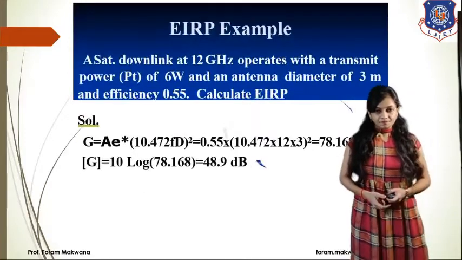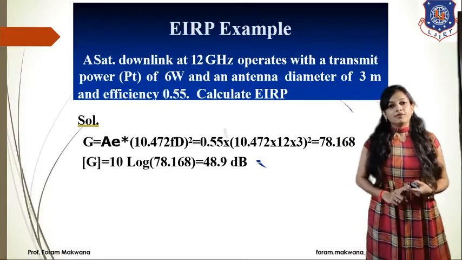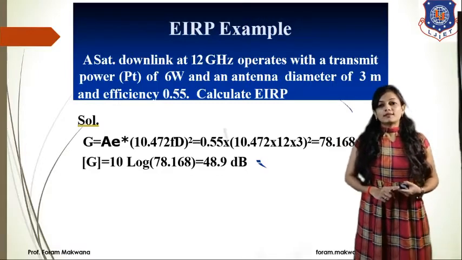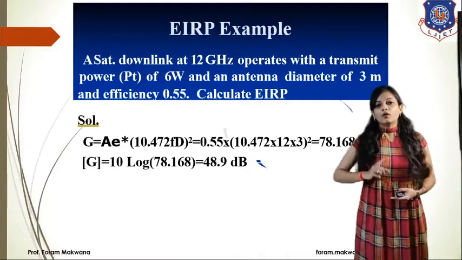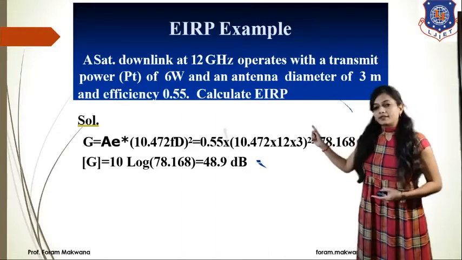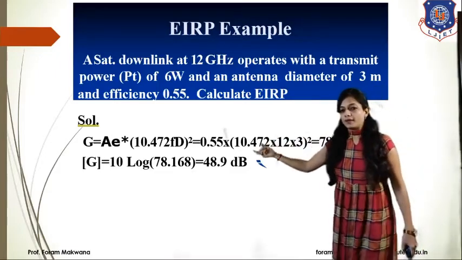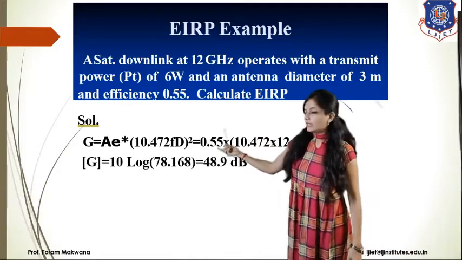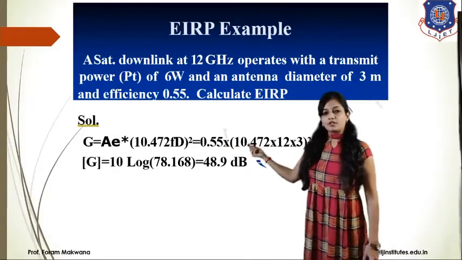Second thing, when we are going to calculate the EIRP, we must know the gain of my antenna. If it is not given, then for calculating the gain we must know this formula, that is G equals AE into 10.472 into F into D, whole square.